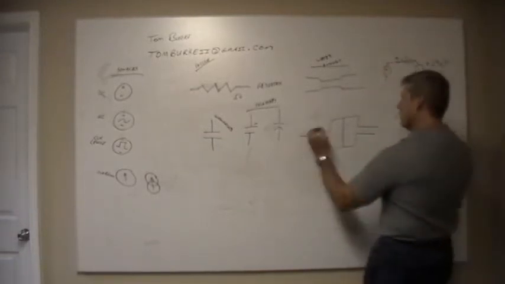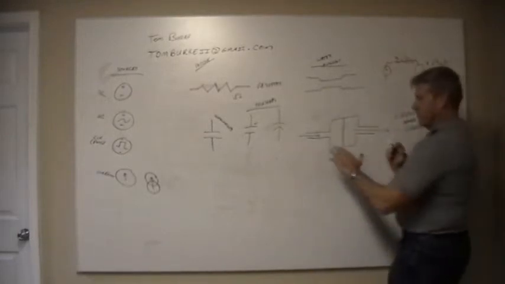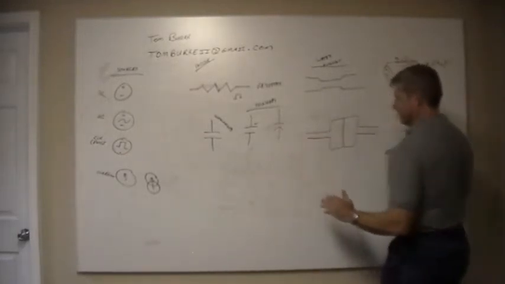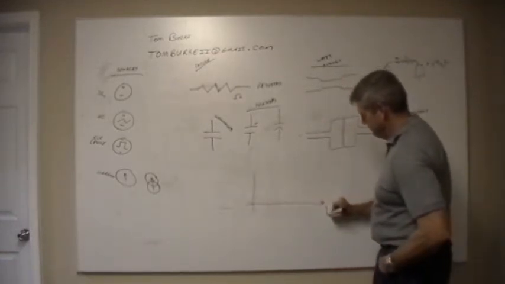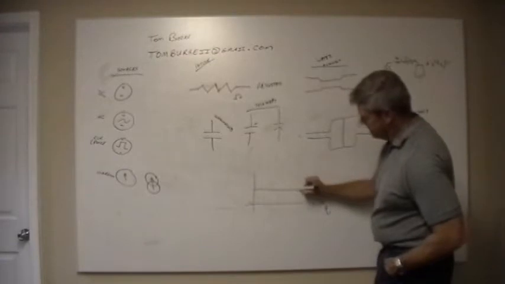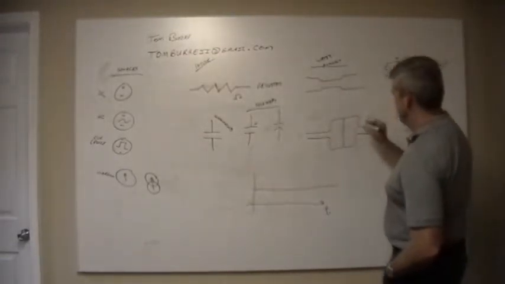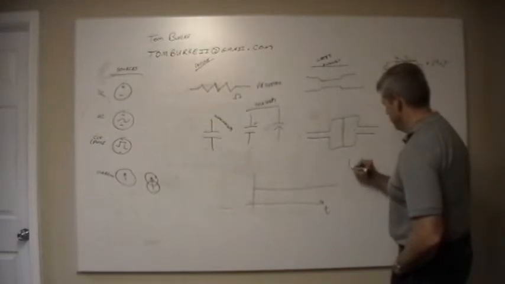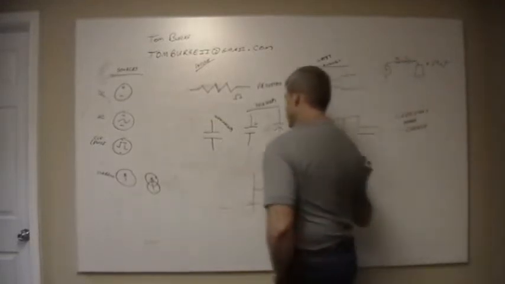But while that water's going in, I've got water coming out the other side. But once it stops flowing, it stops flowing. In time, that's my DC signal, right? So if I put DC on this, if I look at this in a circuit this way, I'm running out of board space.